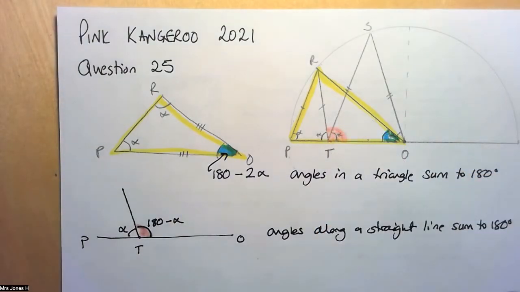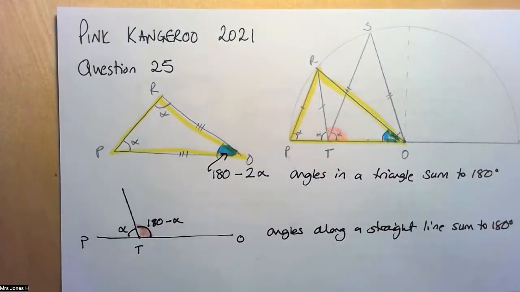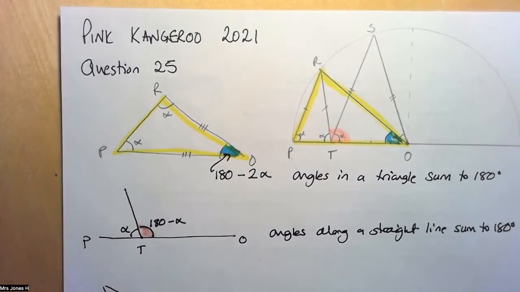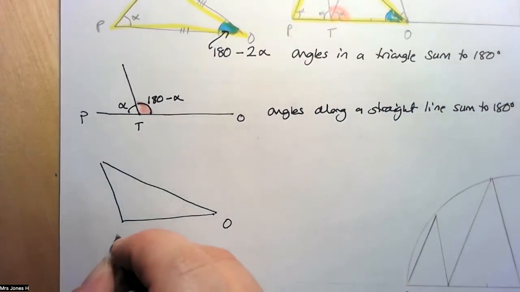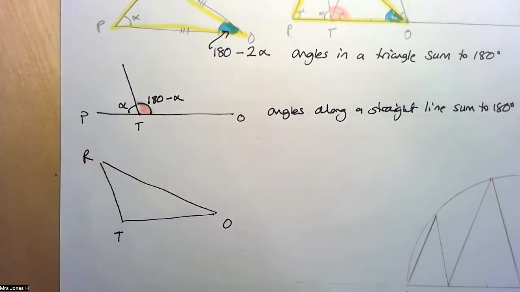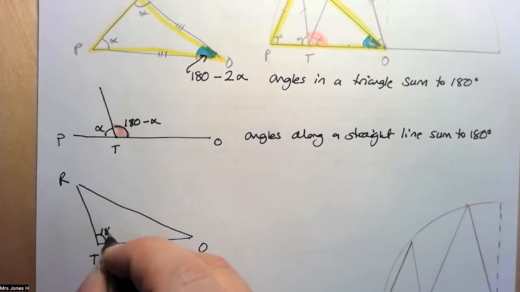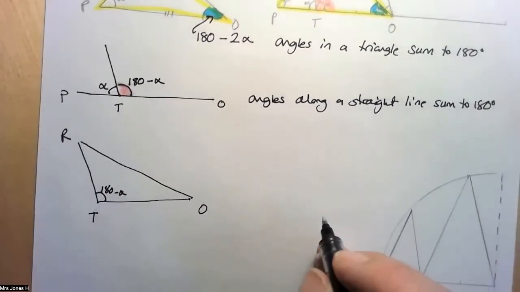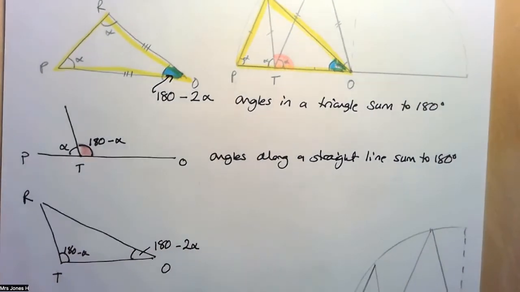So if I draw out that triangle, RTO, if that's O, that's T, and that's R, we know that this angle here is 180 subtract alpha. We know that this angle here is 180 subtract 2 alpha.